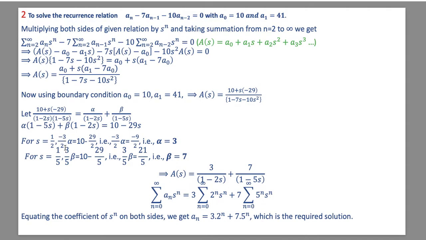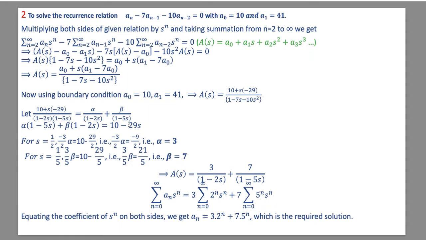So this is minus 3 by 2 alpha, and this is 10 minus 29s with s equal to half, so this is minus 29 upon 2. So minus 3 by 2 alpha equal to 10 minus 29 upon 2, which is 20 minus 29, means minus 9 by 2. So 2 will cancel. So alpha equal to 3.